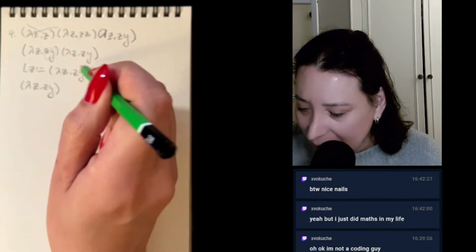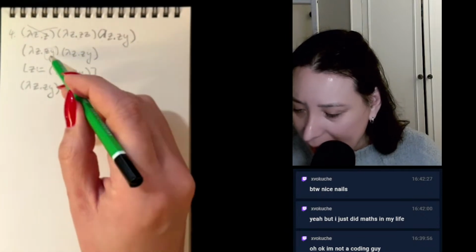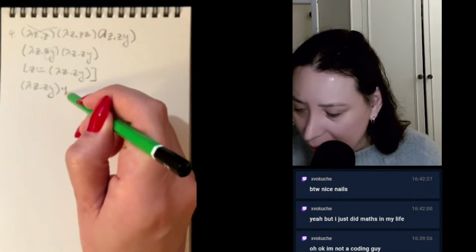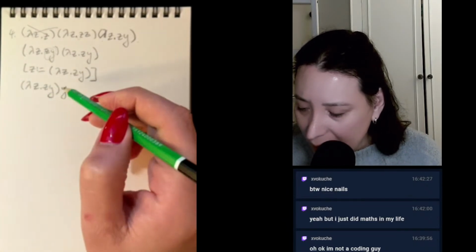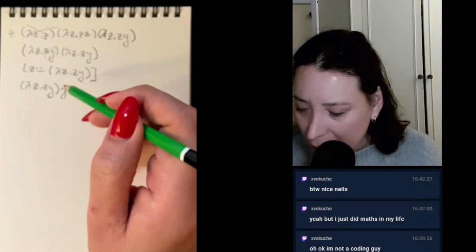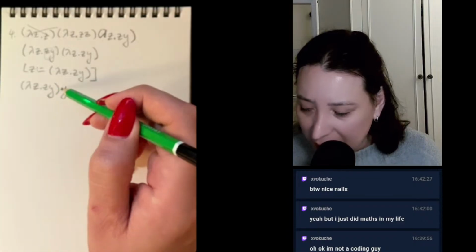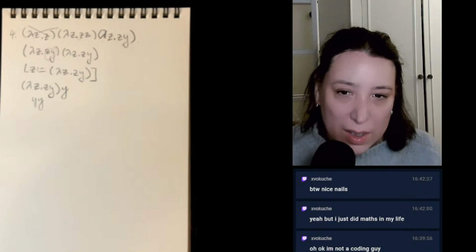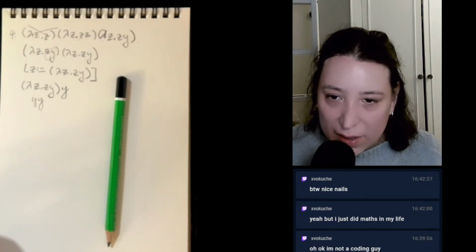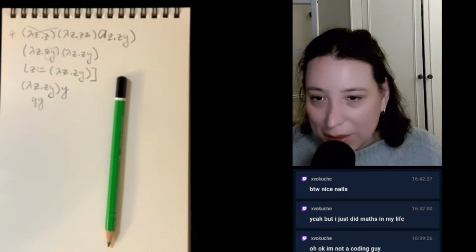We've replaced the Z with this, right? And then we have the Y after it. So here we go. And then we're going to apply this function, which tacks a y to whatever you give it, to y. So we should end up with y. Let's see. Yep, that was the answer.